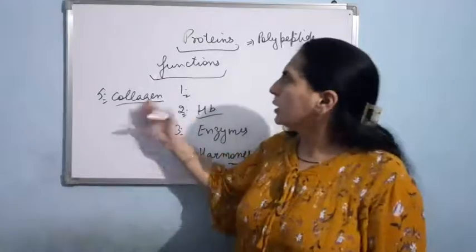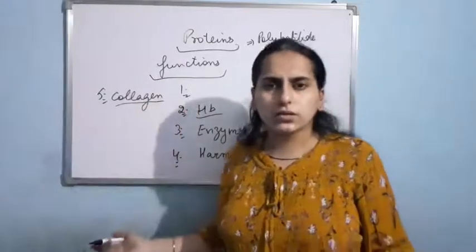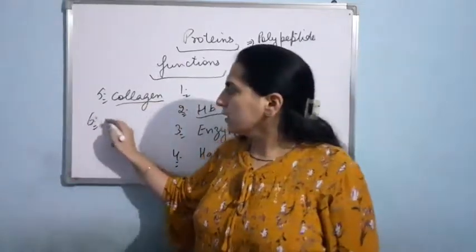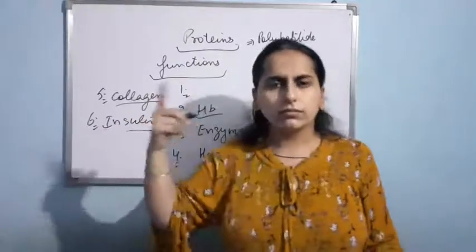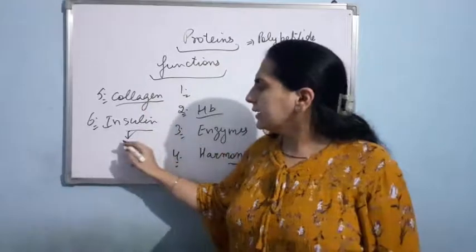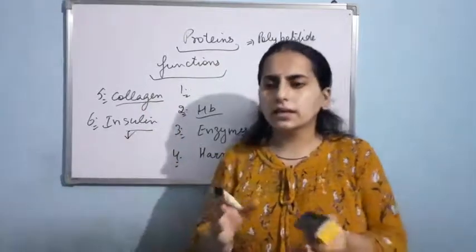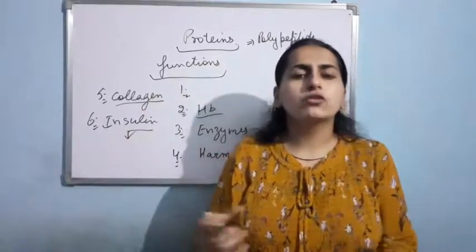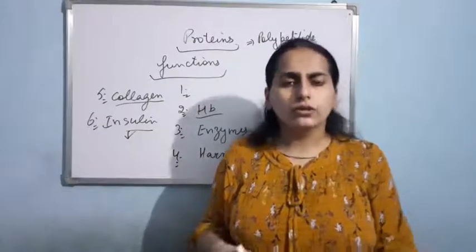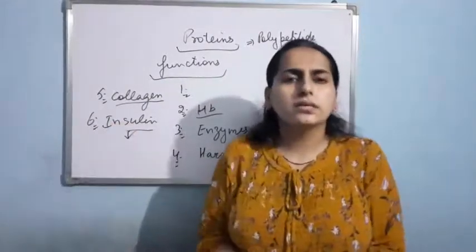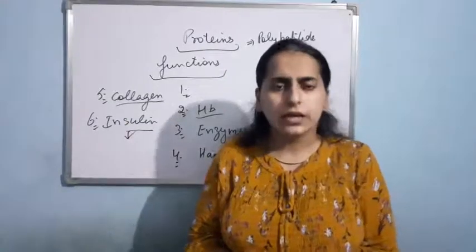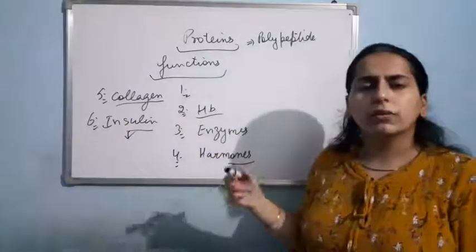So again it is proteinaceous in nature. Insulin is also a protein, and you have read that insulin helps in the regulation of the sugar level inside our body. You might know that if the level of insulin decreases in our body, then the person suffers from diabetes. So these are the different functions of protein.